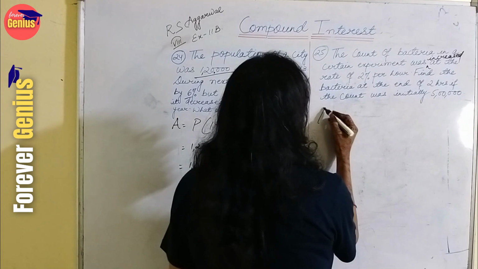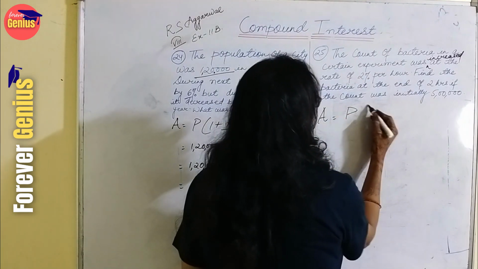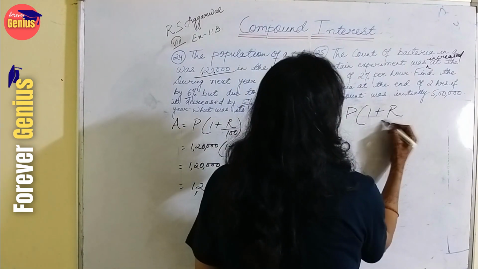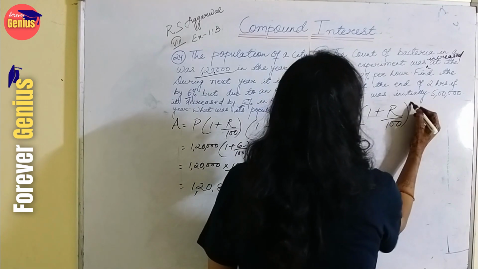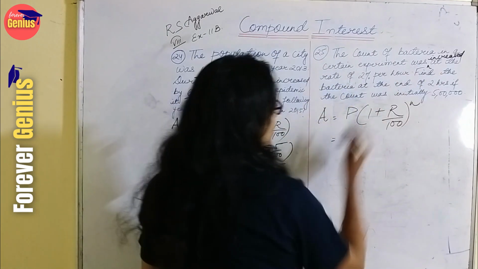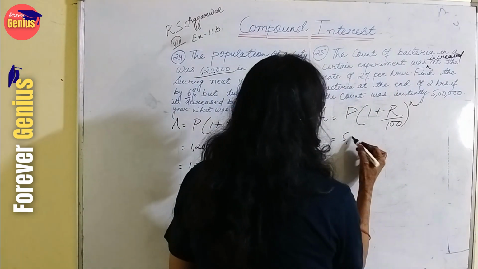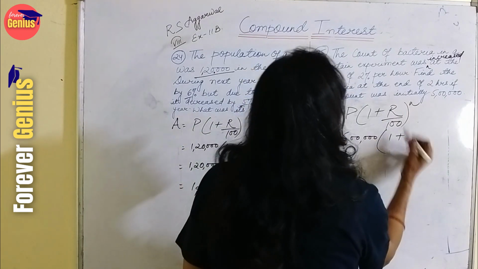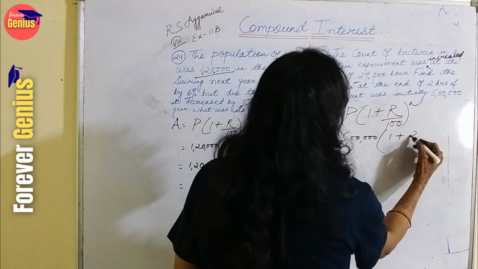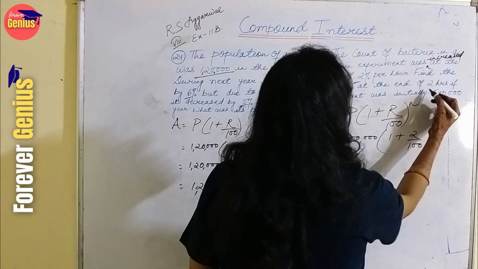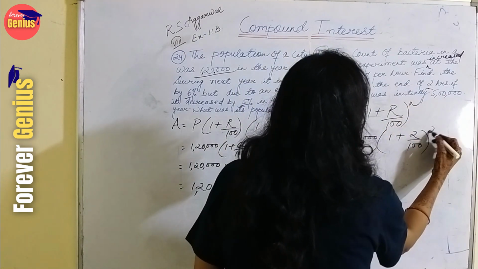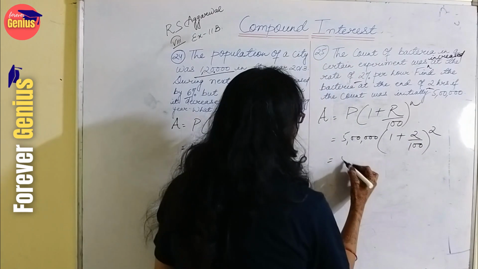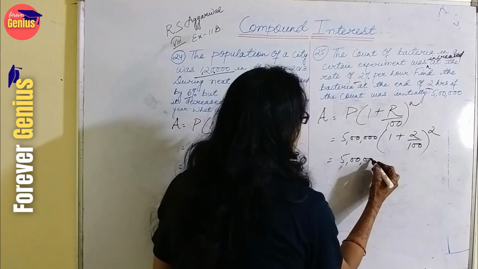So A is equal to P into 1 plus R by 100 to the power n, which is equal to 5 lakh into 1 plus 2 by 100. This is also 2, both are equal, but we have to do the calculation.